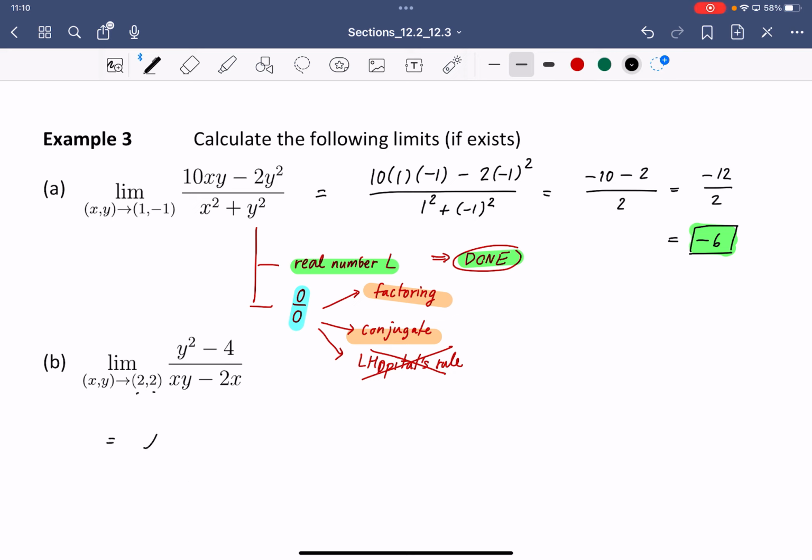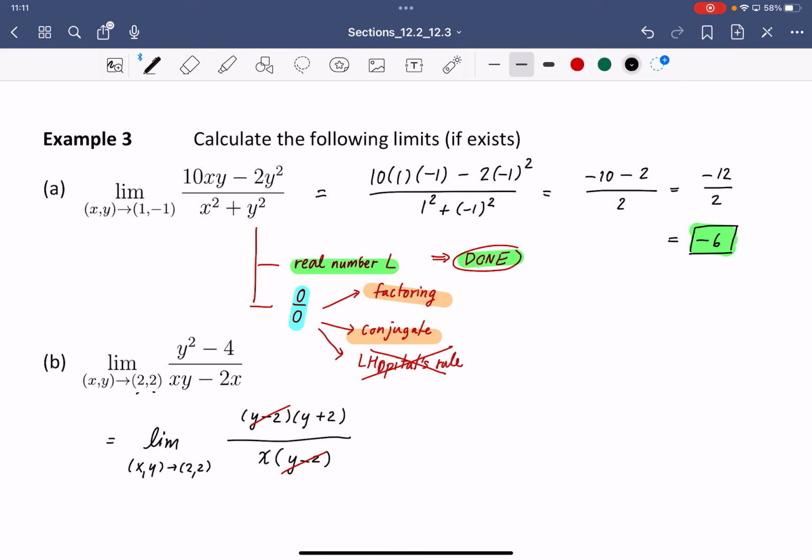But in this question, limit as x, y go to 2, on the top part you can factor to be y minus 2 and y plus 2. Right? On the bottom part, if you pull out one x, you're gonna get y minus 2 here. And then this is gonna cancel out, y minus 2. So this is no longer 0 over 0.